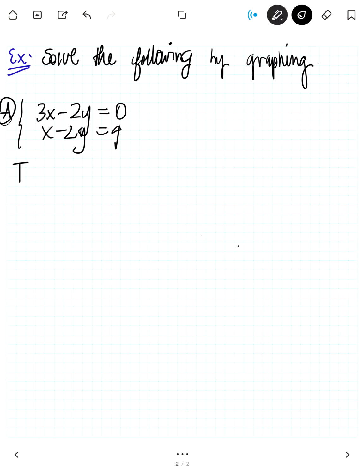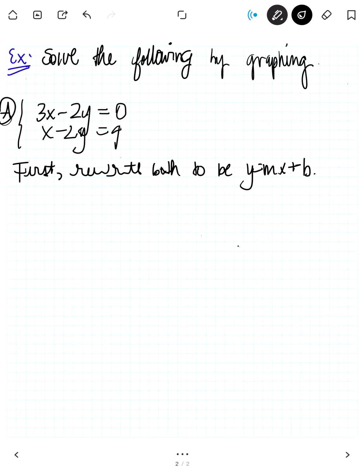Okay, so first, I'm going to rewrite both of those to be y equals mx plus b.